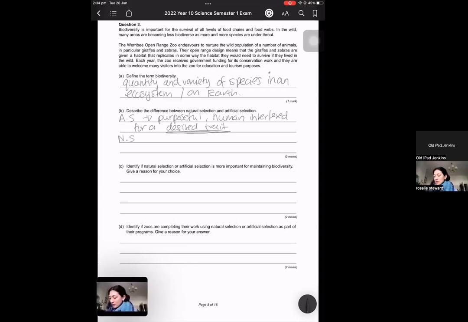Natural selection, I haven't done a full sentence, but you can see here the main point. Natural selection is when natural, or you can say environmental, factors select for the fittest traits.